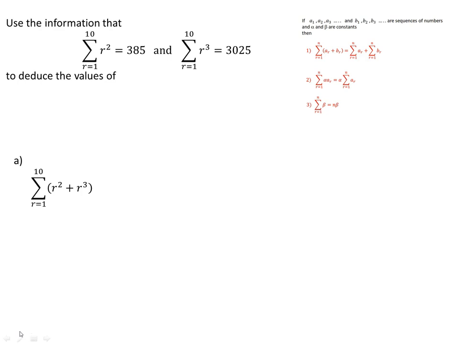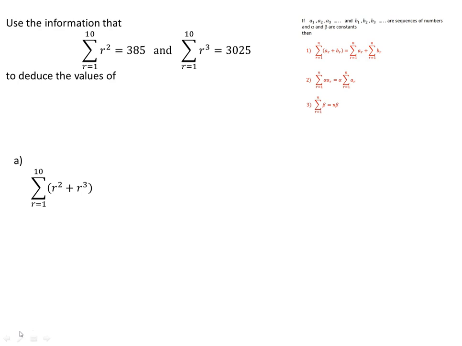Use the information that the sum between r equals 1 and 10 of r squared is 385, and the sum between r equals 1 and 10 of r cubed is 3025, to deduce the values, first of all, of the sum between r equals 1 and 10 of r squared plus r cubed.